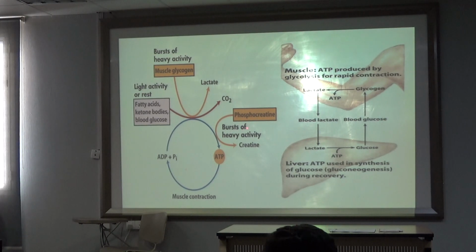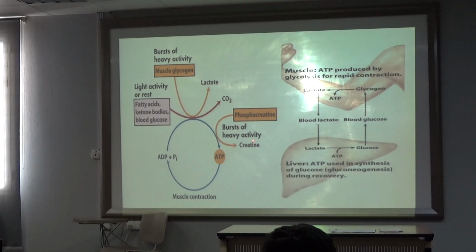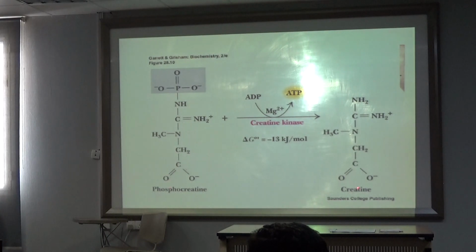But what happens to this phosphocreatine by itself? Once it releases the energy, the phosphate group, it is converted into creatine, and this creatine has 2 outcomes. This is the phosphocreatine, this is creatine, and this is creatine kinase and ATP.